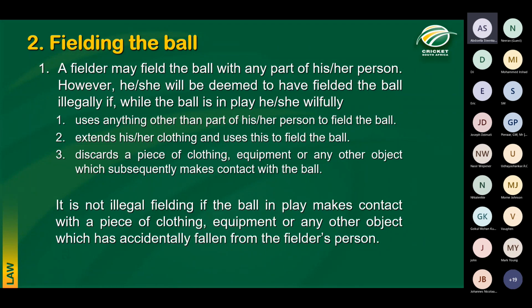The hat accidentally fell off the fielder's person. If, while the ball is still in play, it makes contact with the hat that accidentally fell off, that is not seen as illegal fielding. The equipment or clothing must be willfully discarded and not accidentally.